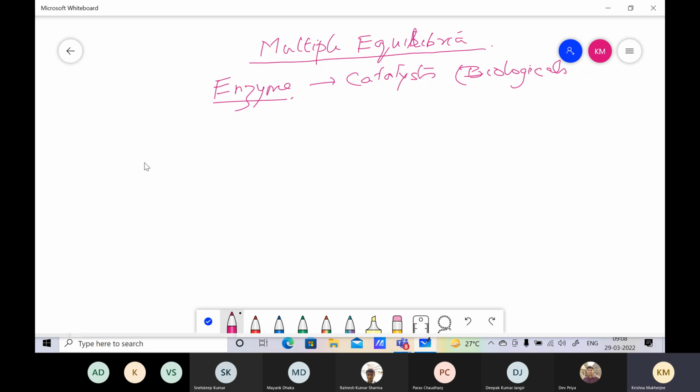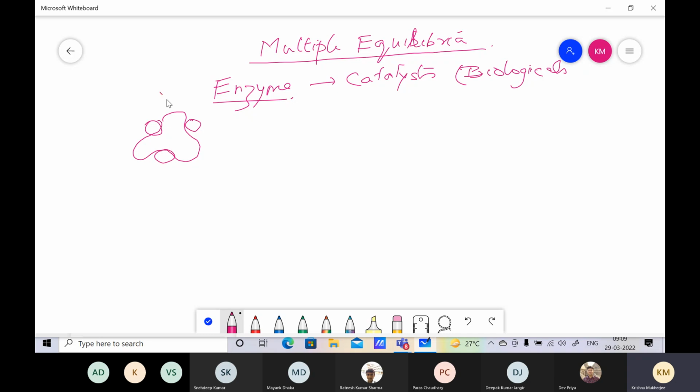As biological catalysts, they display far more complexity, far more interesting behavior than simple chemical catalysts. Till now, because we have been doing engineering, we have been treating them as catalysts. And one of the things that an enzymatic catalyst can do is that it can have multiple binding sites.